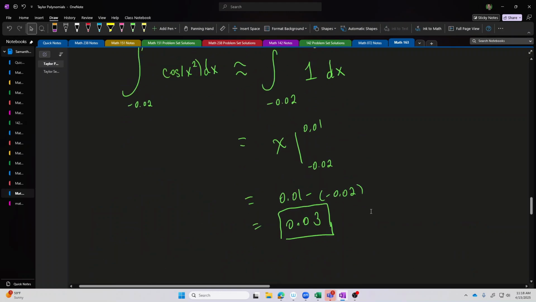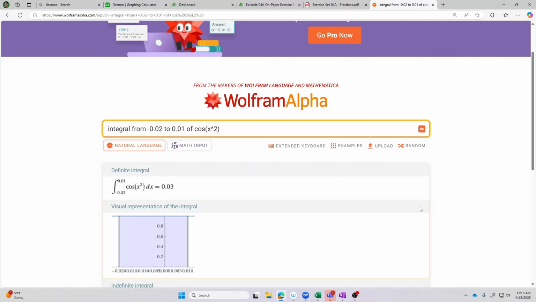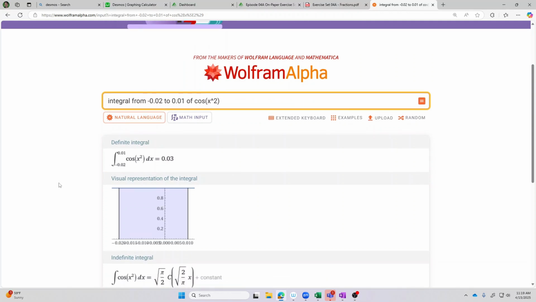Let's compare this result with what we would get using, for example, computer assistance to calculate this definite integral that we were given. So here I am, for example, on Wolfram Alpha, and I am integrating cosine of x squared from negative 0.02 to positive 0.01. And Wolfram Alpha says, hey, the result is approximately equal to 0.03, right?